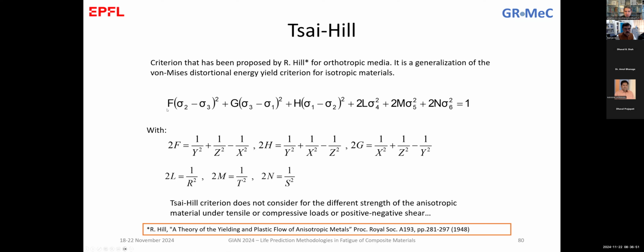The components F, G, H, L, M, and N are the failure components that can be defined by simple tests along the X, Y, and Z principal normal directions, and R, T, and S in this criterion are the shear directions of the anisotropic material.